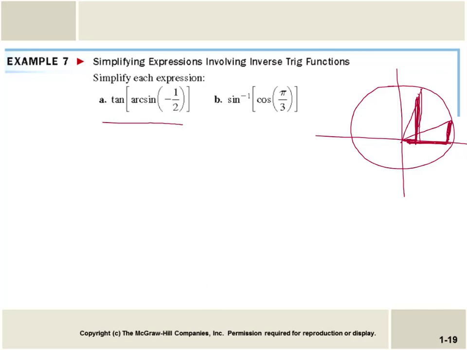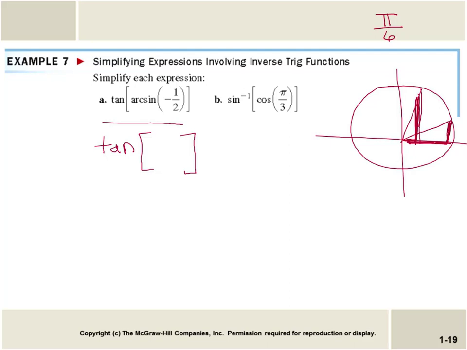So we said the reference angle is pi over 6, right? And what quadrant would the sine be negative, or the inverse sine be negative? Quadrant 4. Perfect. So what is the arc sine of -1/2?